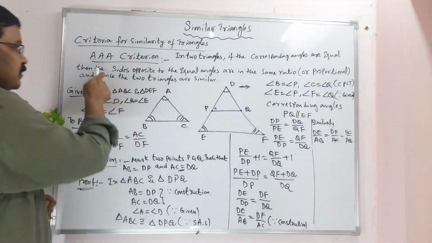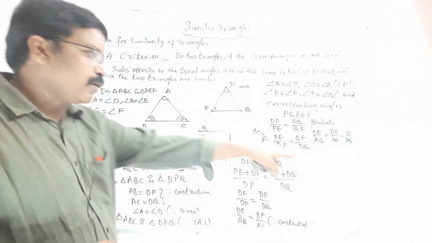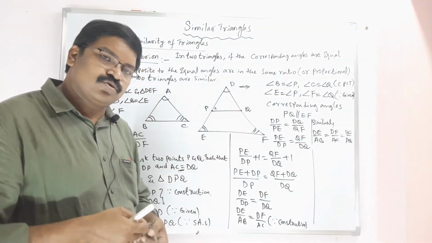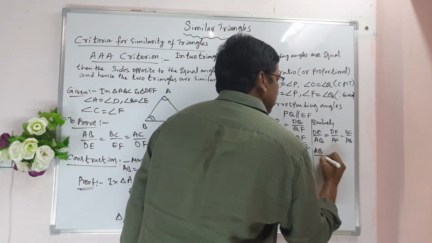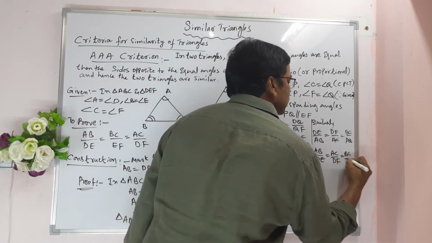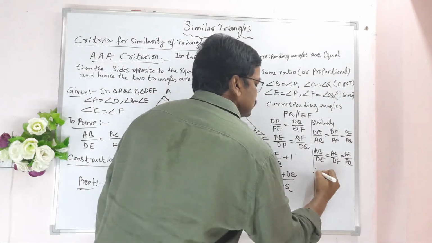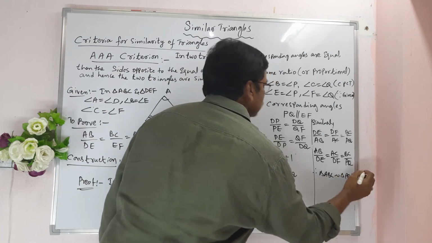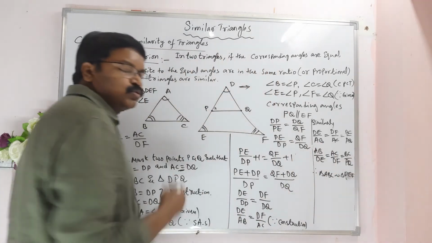That means in two triangles, if the corresponding angles are equal, then the sides opposite to equal angles are in the same ratio. That means AB by DE is equal to AC by DF is equal to BC by EF. Hence, of course, the two triangles, triangle ABC is similar to triangle DEF.